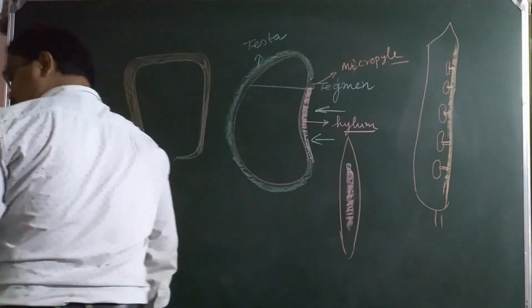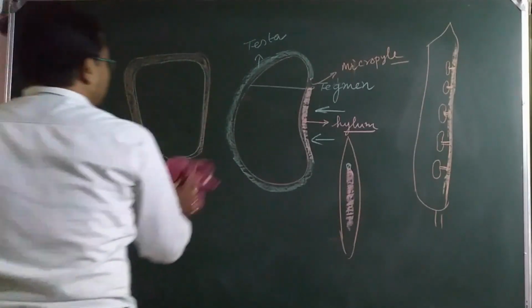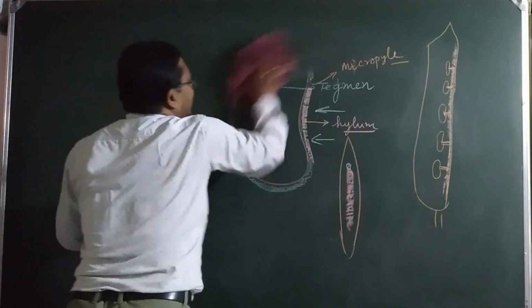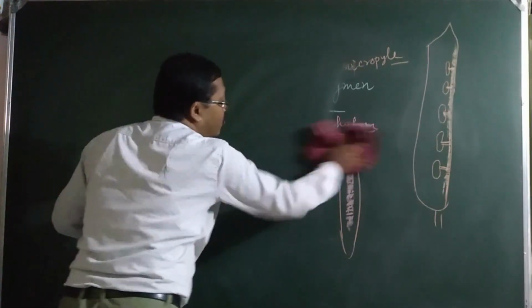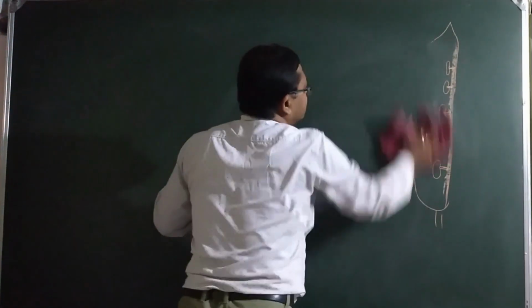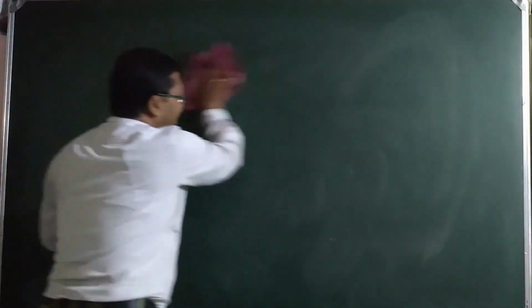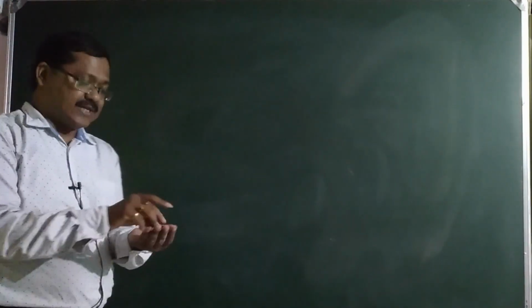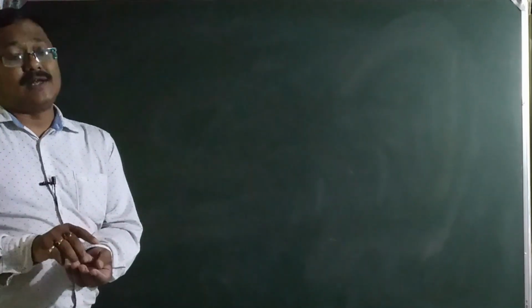Now we consider the internal structure of a dicot seed. Later we shall see the internal structure of the monocot seed. What is a dicot seed? The main characteristic feature of the dicot seed is that it contains two cotyledons.